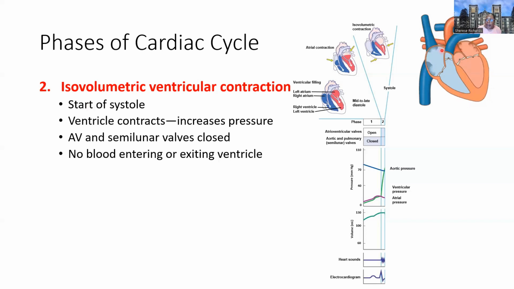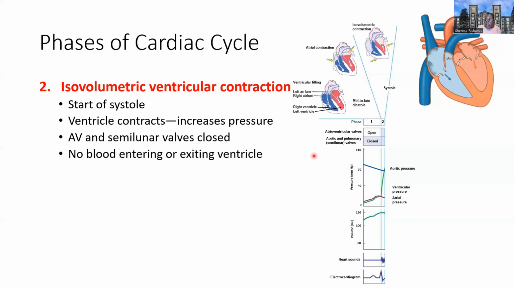It's not high enough in isovolumetric ventricular contraction, so both valves are closed. We want to think about that very brief phase. It's shorter than phase one, time-wise, and it is the brief period of contraction to get us to ventricular systole.